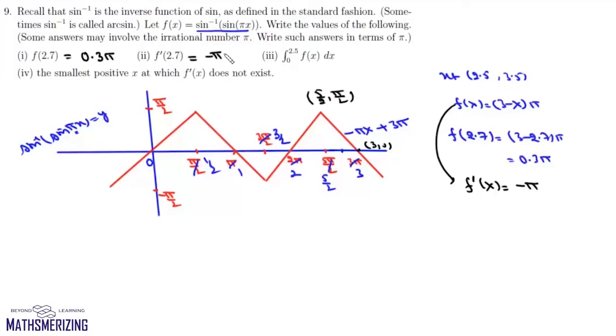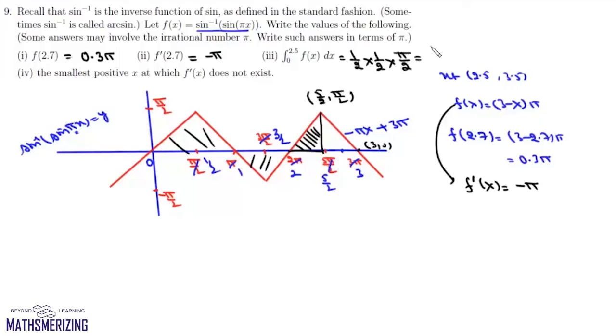Now we need to find the value of this integral from 0 to 2.5 fx dx. Now from symmetry, these two integrals will cancel out. The only integral value that we'll have is this triangular region, which is 1 by 2 into 1 by 2 and its height is pi by 2.